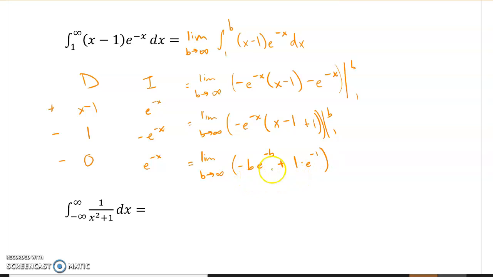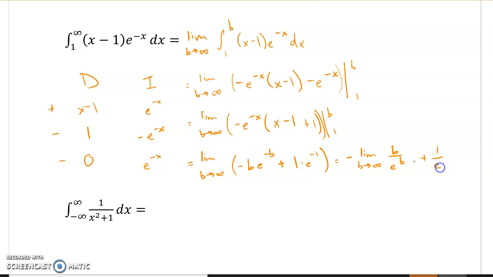All right. So this part right here is a constant. This is just 1 over e. This over here is a limit that we have to deal with, right? So we're going to rewrite this as the negative. I'll factor out the negative. The limit as b goes to infinity of b over e to the b. And then we've got this plus 1 over e.